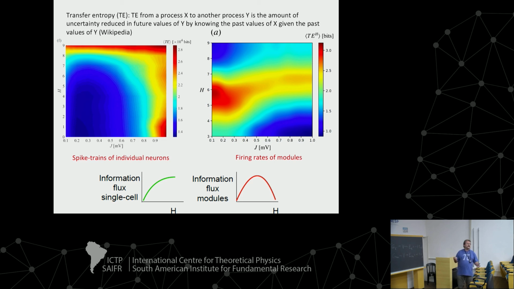And then, since the network has modules, we took the average activity of each module and calculated transfer entropy based on the firing rates of the modules. So instead of the spike times of each cell in the model, we took just the average firing rate of each module and did a pairwise measure of the transfer entropy. And then we found something very interesting. It seems that there's an optimal value of hierarchy.